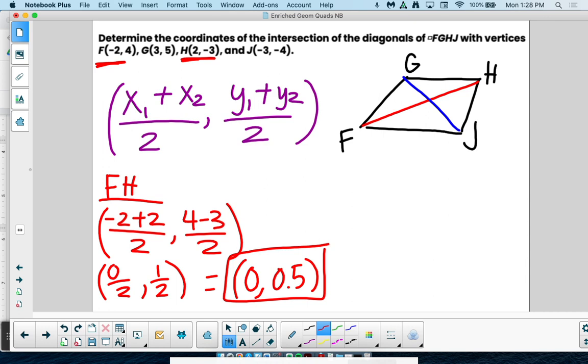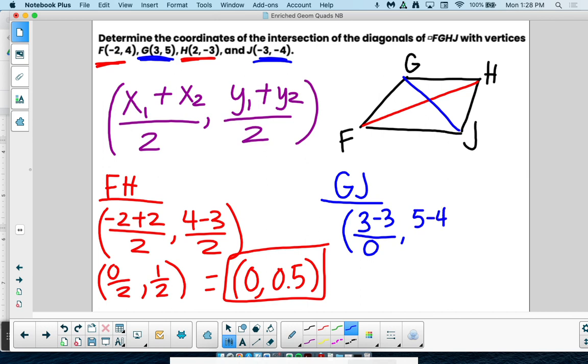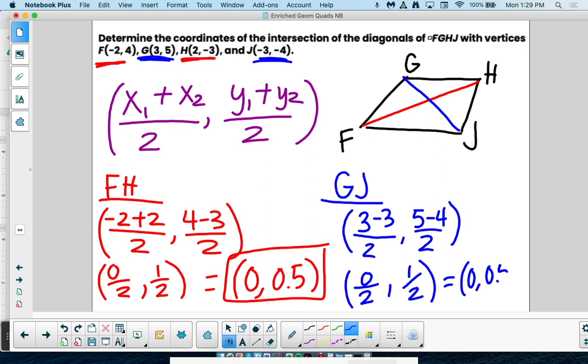Make sure you get 0 and 0.5, otherwise I think something happened. Did your guys' match? Yeah.